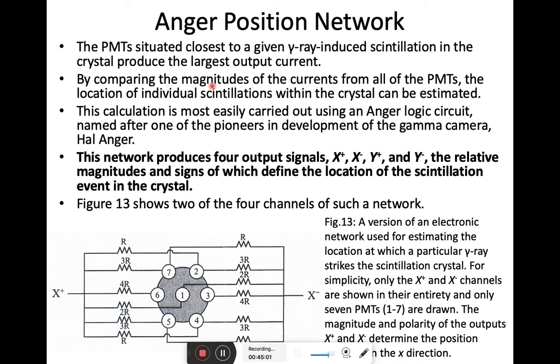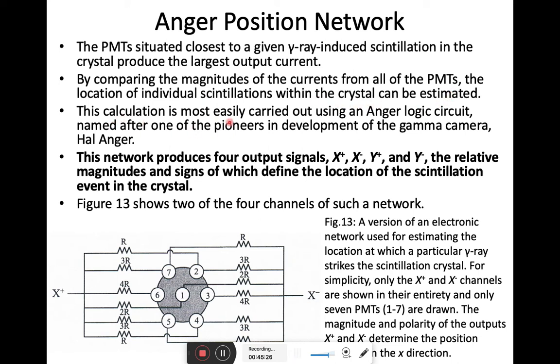We know that the PMT is used to convert the light into an electrical signal; in this case, it converts into the current output. By comparing the magnitudes of the currents from all the PMTs, the location of individual scintillations within the crystal can be estimated.